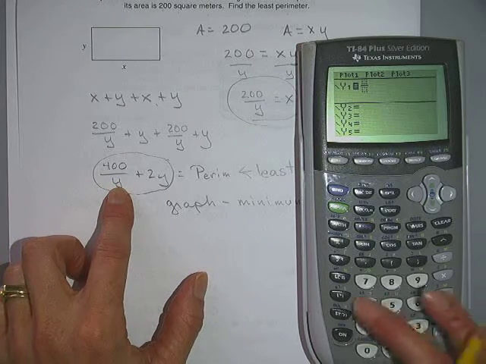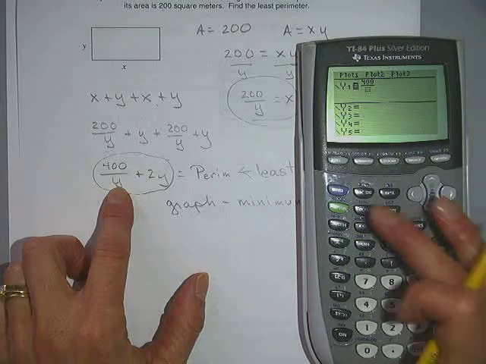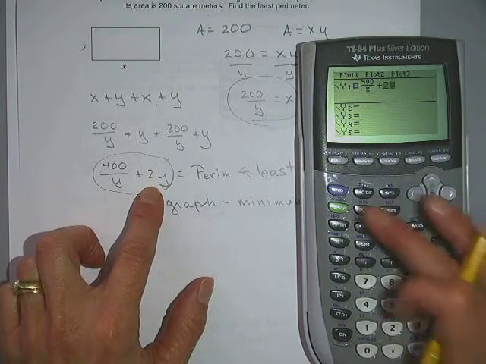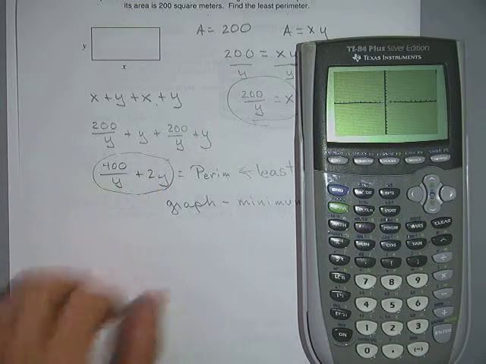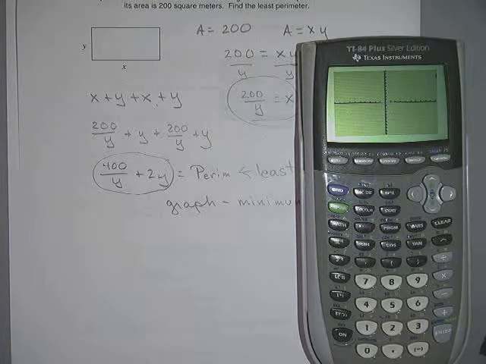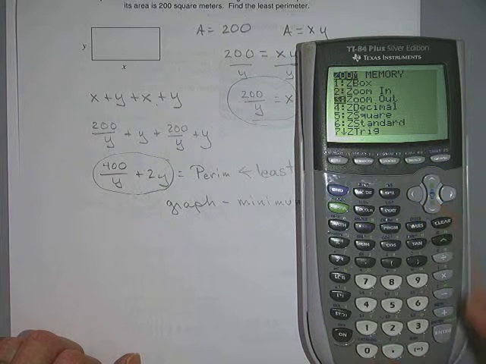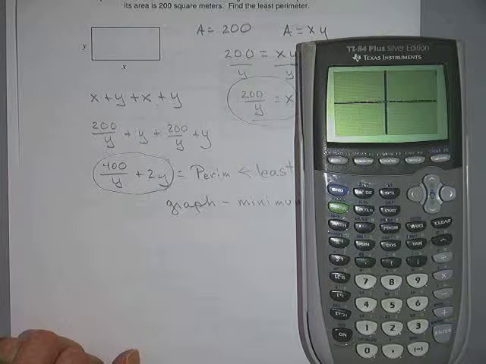Y equals. We're just doing 2x instead. Yes, and instead of y's in your calculator, you are going to put in x. We're gonna have to zoom out a little bit. Okay? And go ahead and graph it, and what do you get? Nothing. I'm not seeing anything. I might have to zoom out.